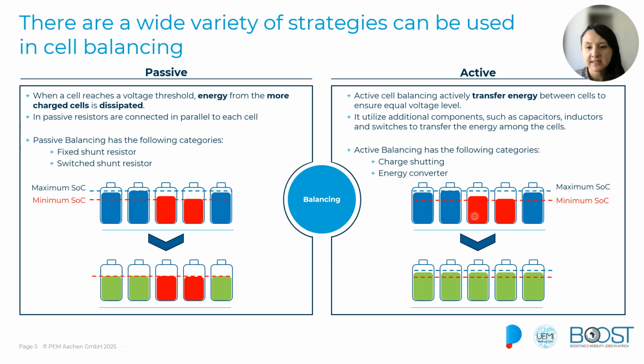So in this example over here, we are starting with the same condition where one of the cells has the maximum state of charge and another has the minimum state of charge.